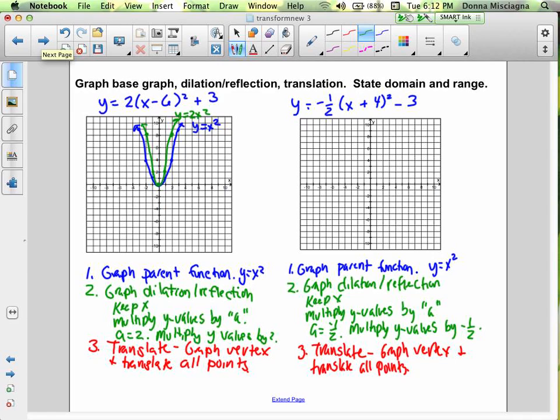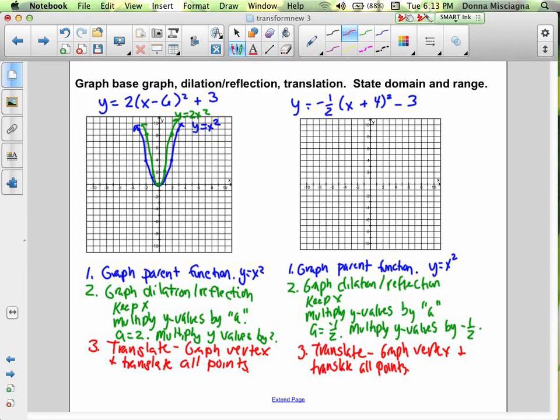Step 3, we're going to translate. We're going to graph the vertex and translate all the points. So now, I'm going to write down our translation here. If we look at our equation, y equals 2 times x minus 6 squared, plus 3, minus 6 means we have minus a positive 6.